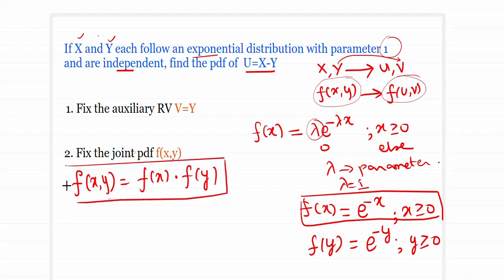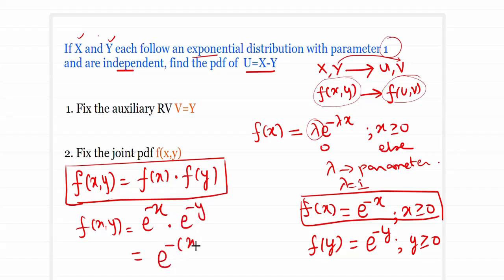Using this, we compute the old joint PDF f of x comma y as e power minus x product e power minus y. I can write it as e power minus of x plus y, valid for x greater than or equal to 0 and y greater than or equal to 0. So this is my old function f of x comma y, the joint PDF of x and y.